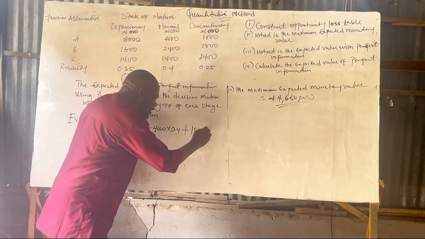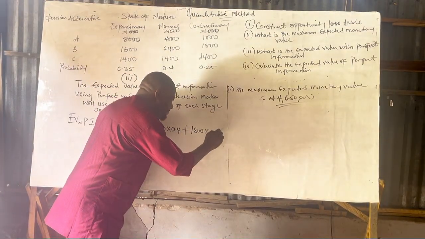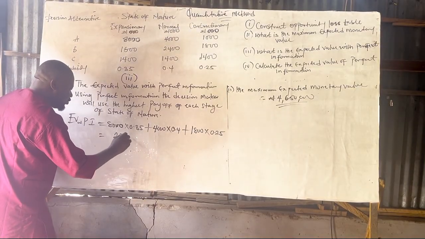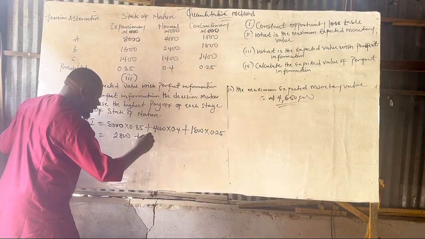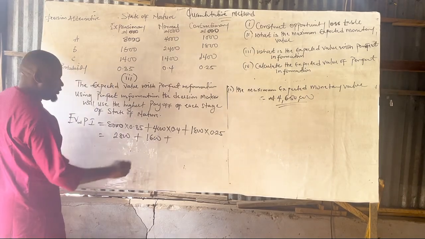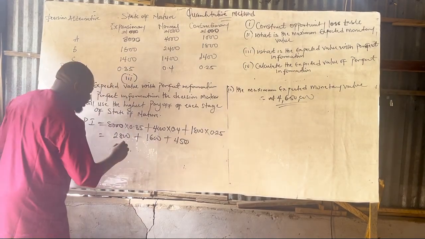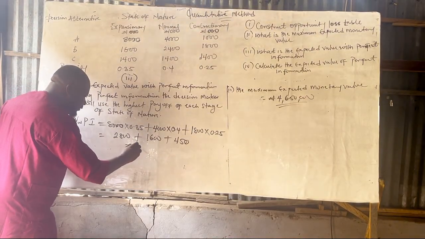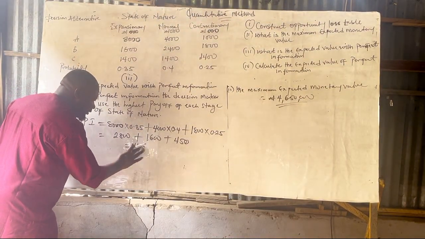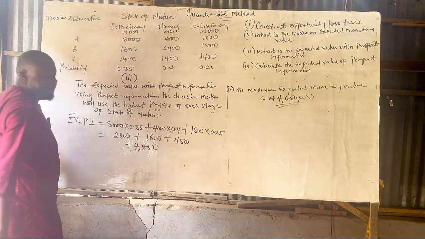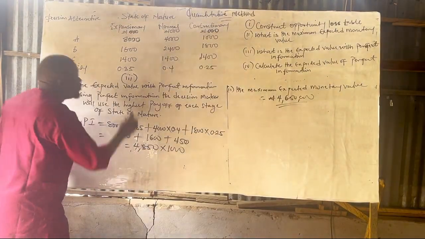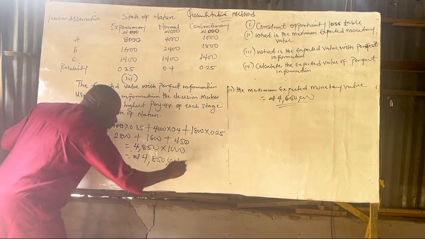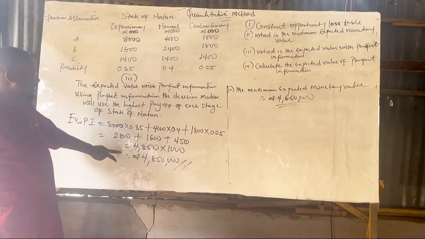That's 1,800 times 1/6. So now we have 2,400 plus 1,600 plus 450. Before multiplying by 1,000, that gives us 4,850. Now times 1,000 to put it in million, that gives us 4,850 thousand naira.